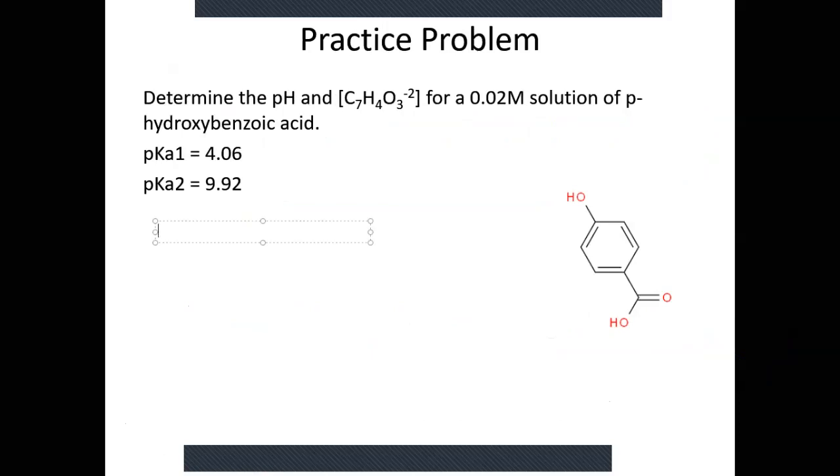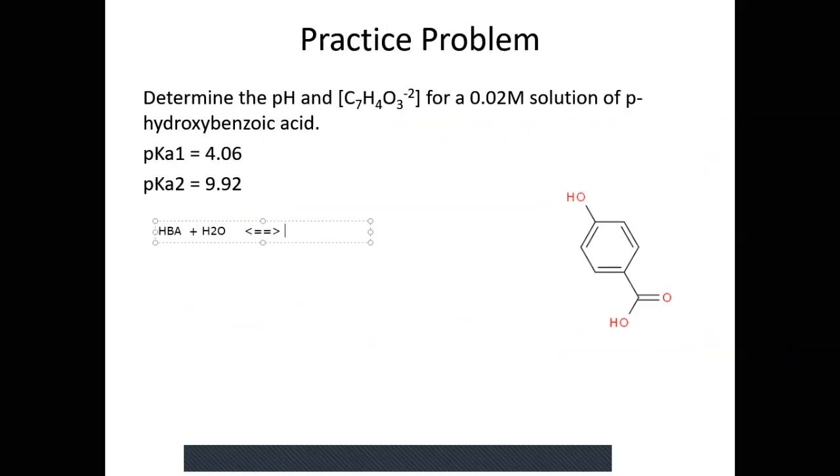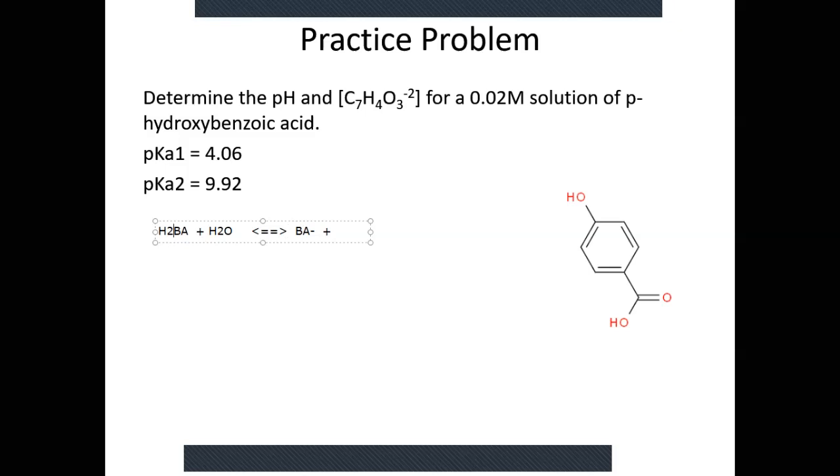So here we have hydroxybenzoic acid plus water gives us HBA minus plus H3O plus. This is the first step. This is Ka1.